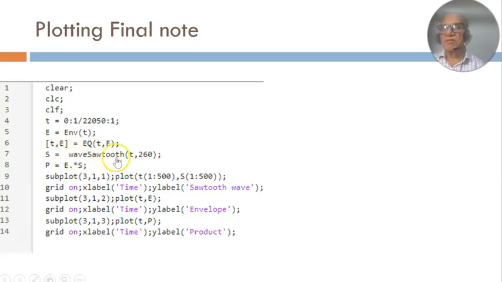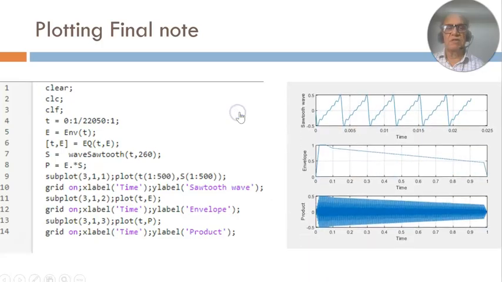Now call the sawtooth function and perform the product of the envelope and the waveform itself, and then you plot it. So you are plotting both the waveform, the envelope and the product of the two, which is the final musical note. So this is how it will look like. So this is my waveform, this is my ADSR, and when I take the product of the two, I get it like this.